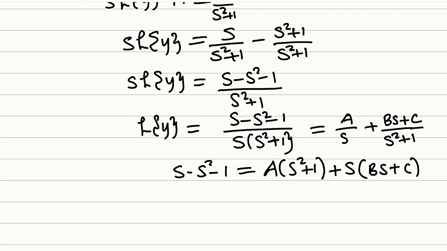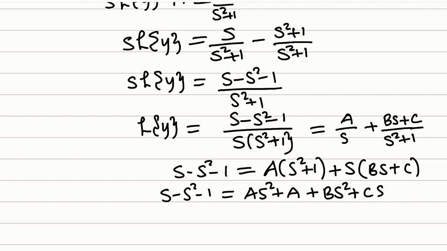Now let us expand this parenthesis. s minus s squared minus 1, this is equal to, distribute a inside the first parenthesis, we have a s squared plus a. Do the same thing to the other one. s multiplied by bs is bs squared, then plus cs.